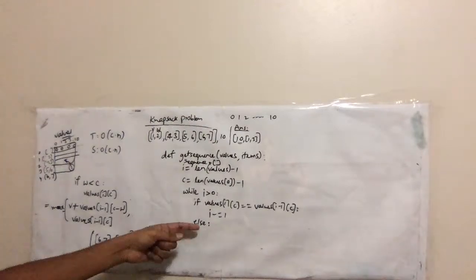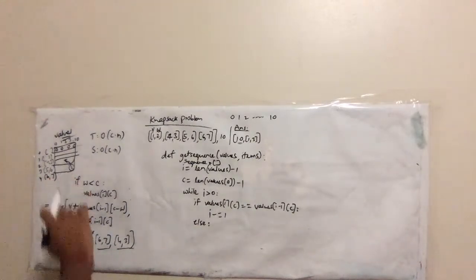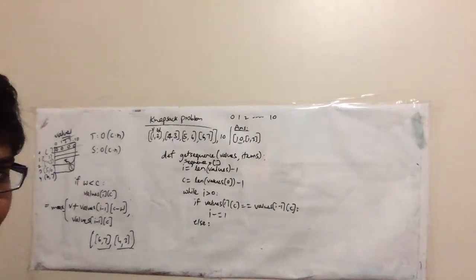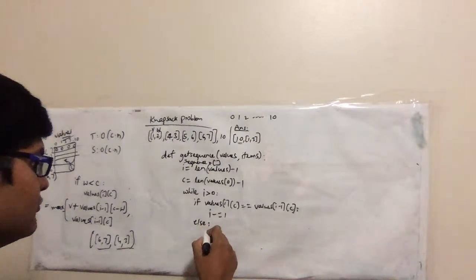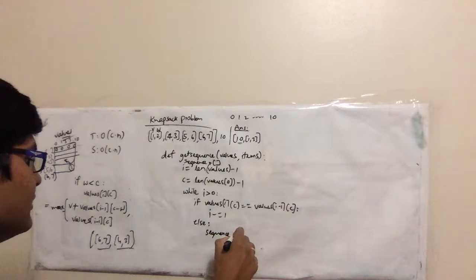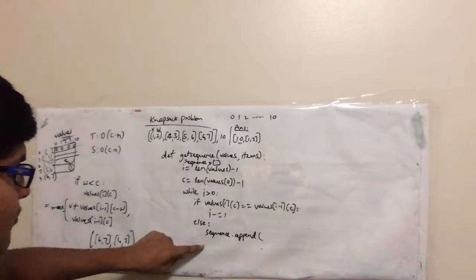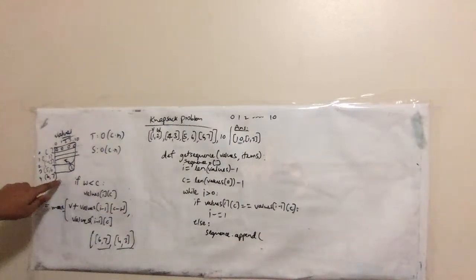And else, if it is not equal, what does this mean? We need to do sequence dot append. What is the value you will append?